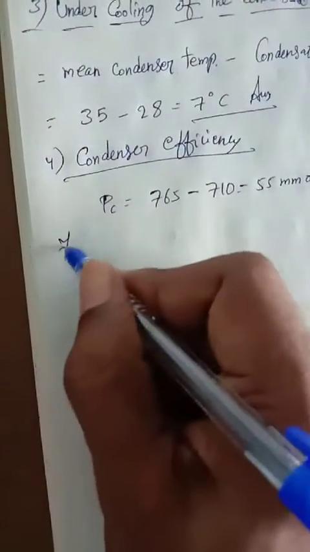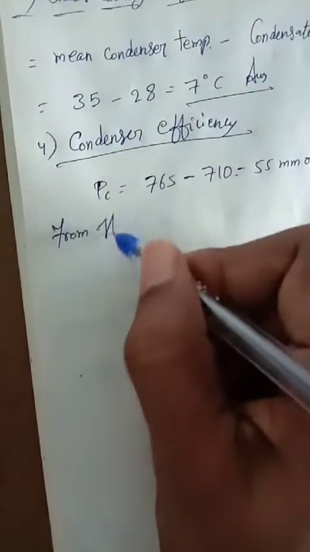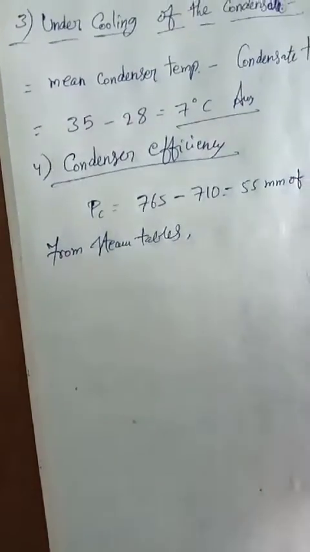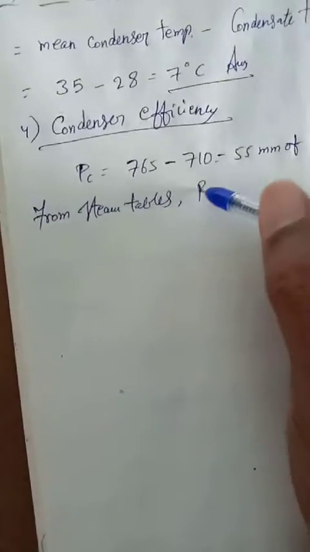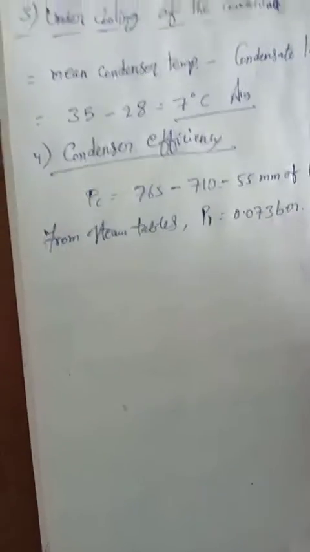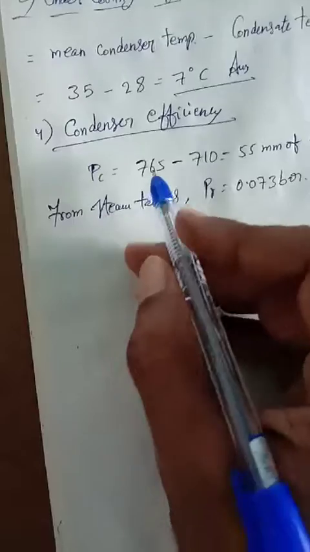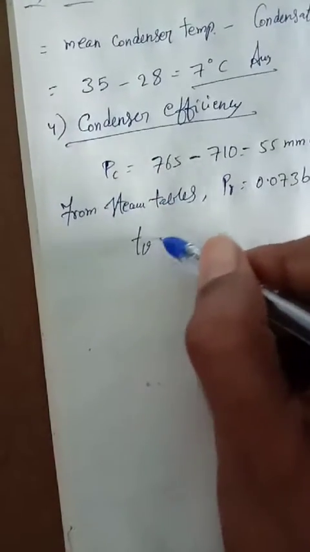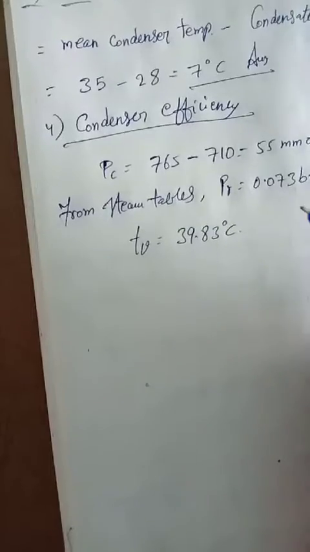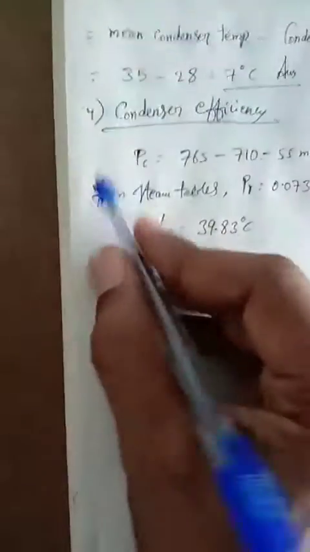So from steam tables, corresponding pressure 0.073 bar, we find the saturation temperature TV is equal to 39.83 degrees Celsius.